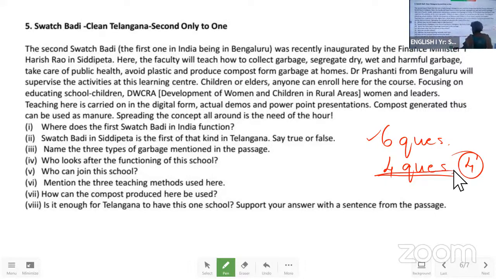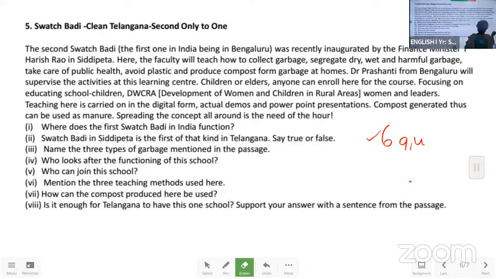If 4 marks are asked, you'll get only 4 marks. You won't get extra marks. But since it is objective, 60% of your paper is objective, you can finish it on time. So why not write extra questions? Hardly takes you 2 minutes.